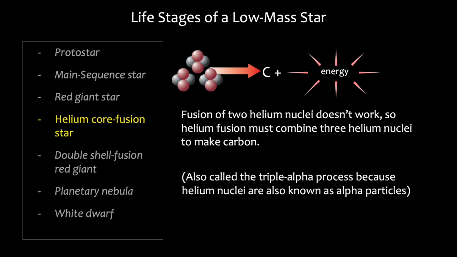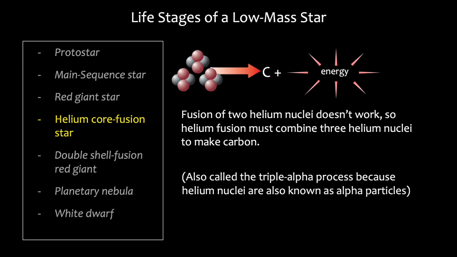And this is the specifics of the helium burning process, the so-called triple alpha process. The helium fusion process converts 3 helium nuclei into 1 carbon nucleus.